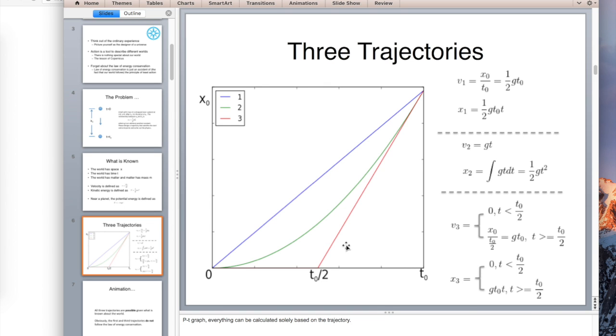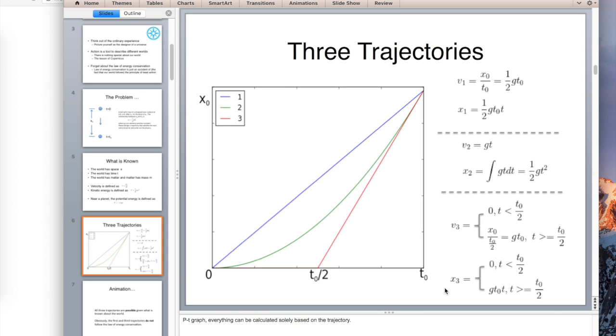For the third trajectory, before half t0, its velocity is 0, and after half t0, its velocity will be a constant number, which will be x0 divided by half t0, which is g t0. Given what its velocity is for the third trajectory, we can calculate its position function.